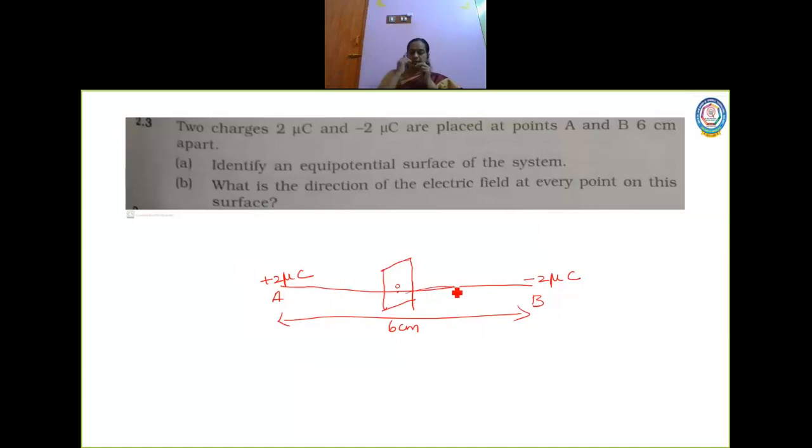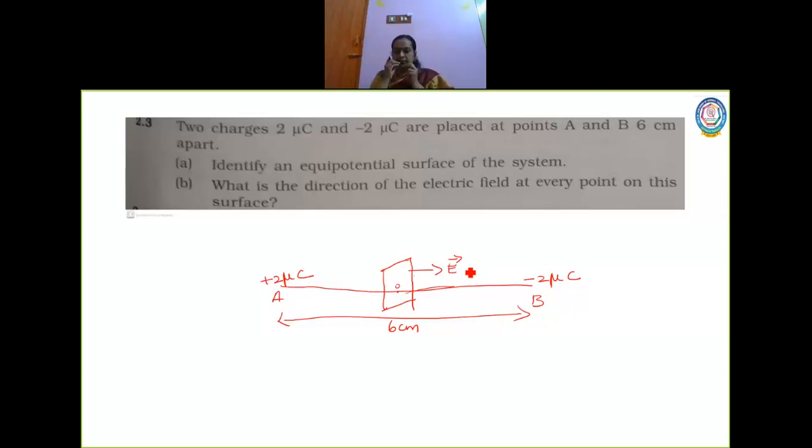This is the equipotential surface, which is a plane. If it is a plane, what will be the direction of electric field at every point on this surface? I have drawn the direction of electric field also.